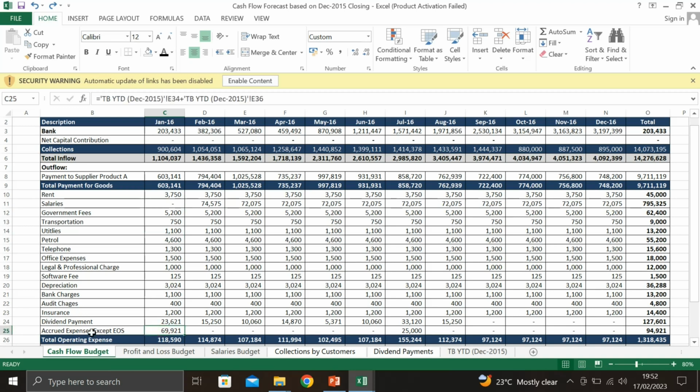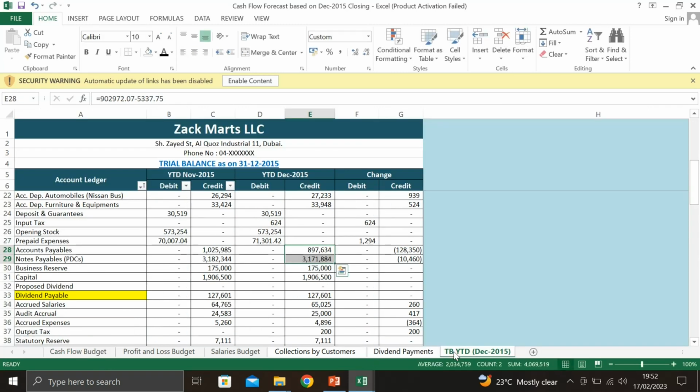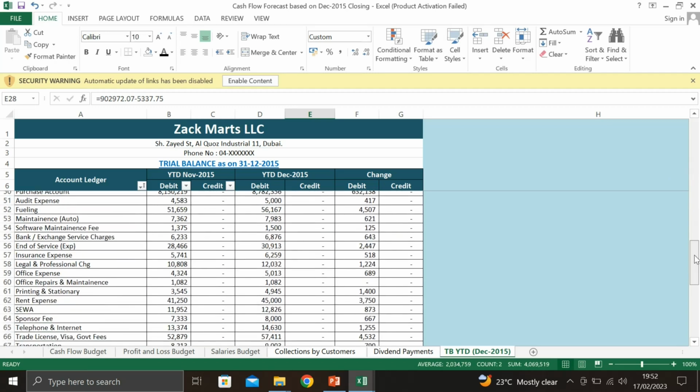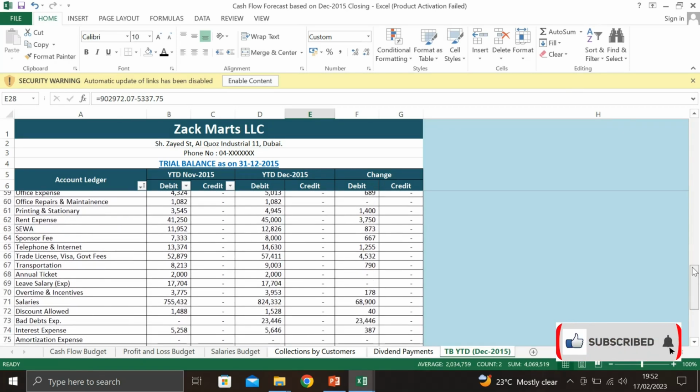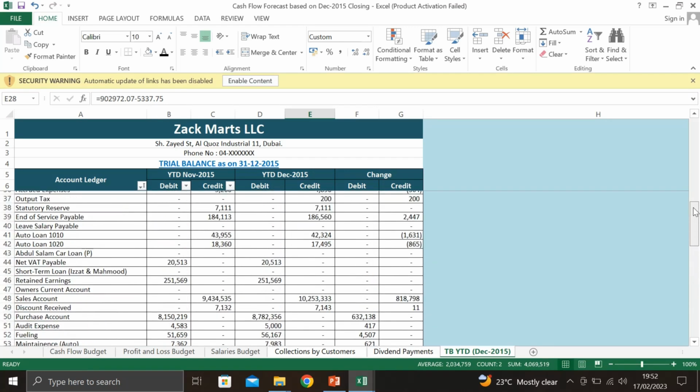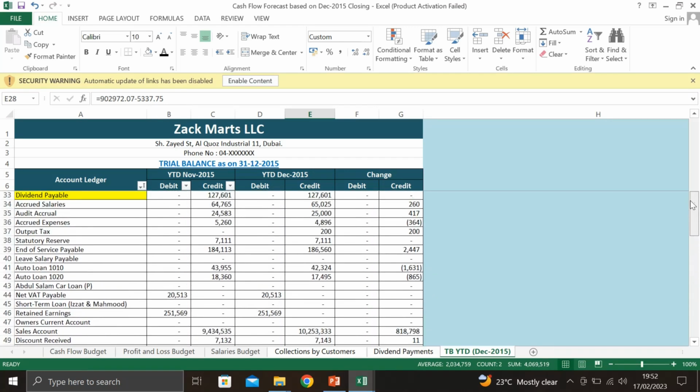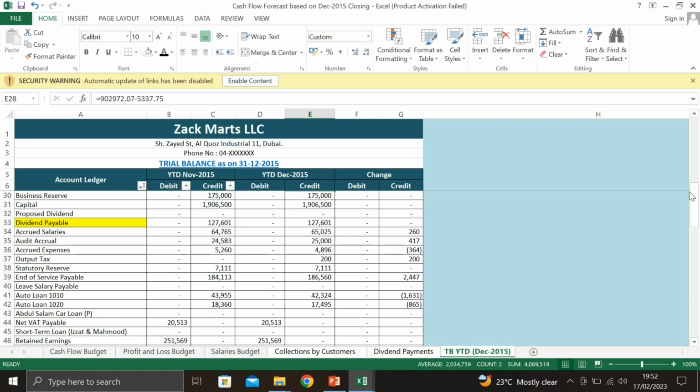If you see the accrued expenses, it is coming from the trial balance. From the trial balance accrued expenses you can see this is your accrued salaries plus the accrued expenses.